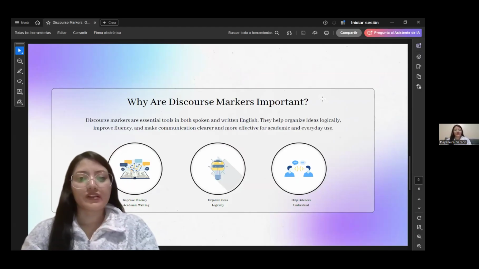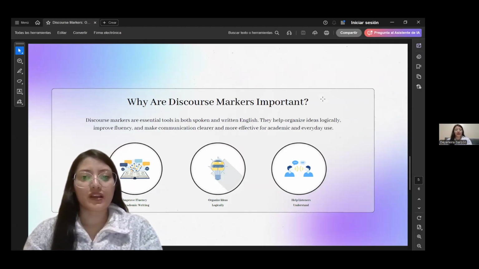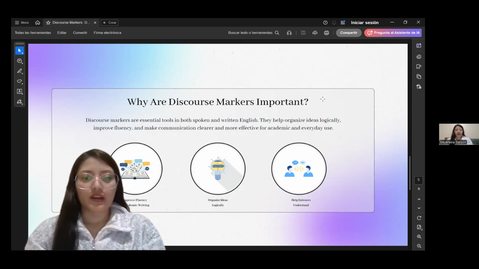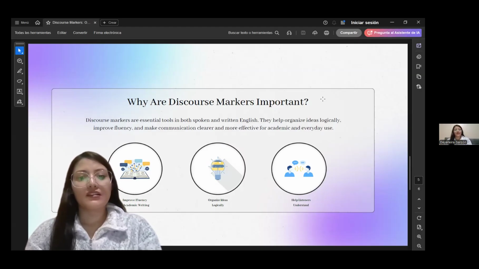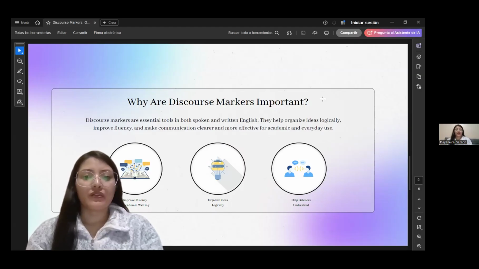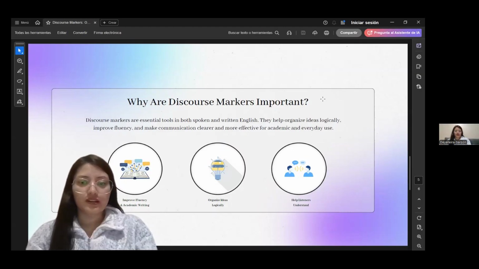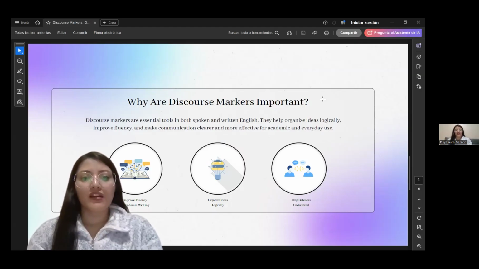Discourse markers are important because they improve both speaking and writing. They help us organize information logically, express our opinions clearly, and guide the listener or reader throughout our ideas. They also improve fluency because they make conversation sound more natural.